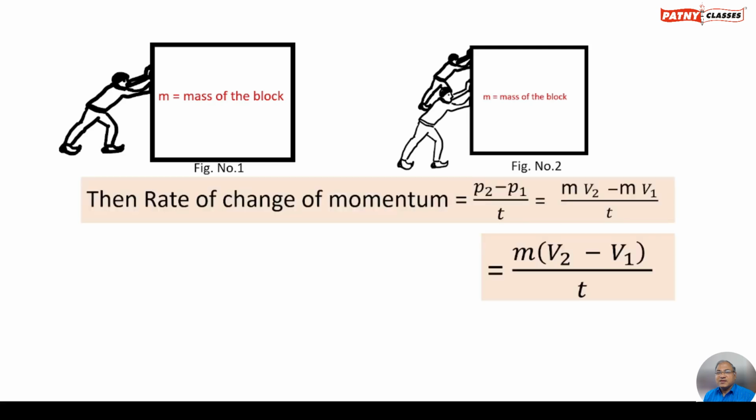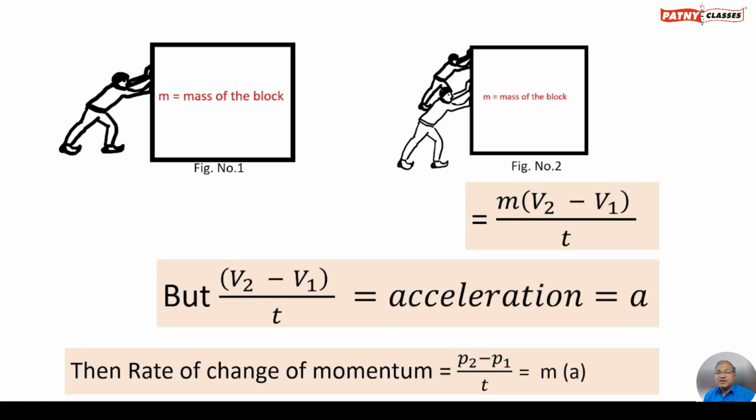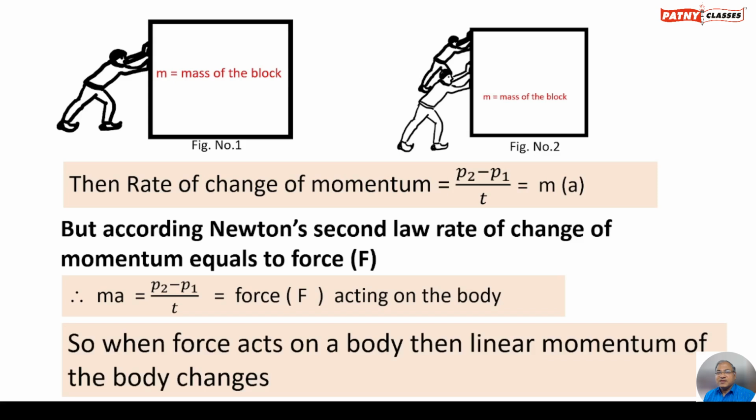Taking m common, we get m multiplied by v2 minus v1 upon t, where v2 minus v1 upon t is nothing but the acceleration of the block. It is denoted by a. Therefore, the rate of change of momentum equals mass multiplied by acceleration. So, m into a equals P2 minus P1 upon t, which equals the force acting on the body. So, when force acts on a body, the linear momentum of the body changes.